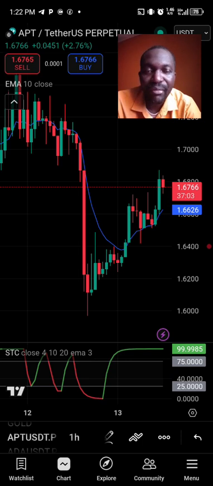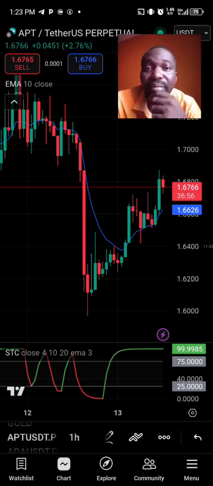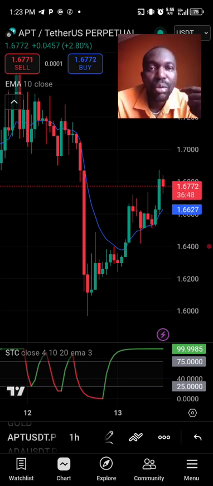Then the second indicator is the STC, the Schaff Trend Cycle. Now, this Schaff Trend Cycle is what measures bullish cycles and bearish cycles. I'm going to be going in depth into each of them and how we can use them to anticipate changes in price direction. So that's what I'm going to be doing now.